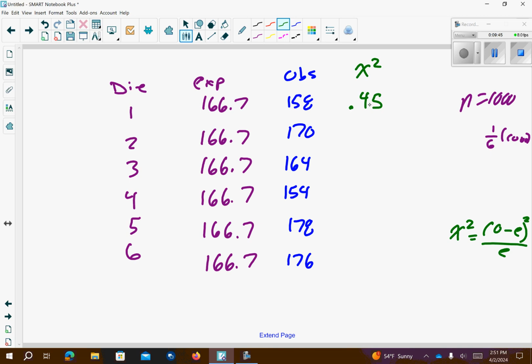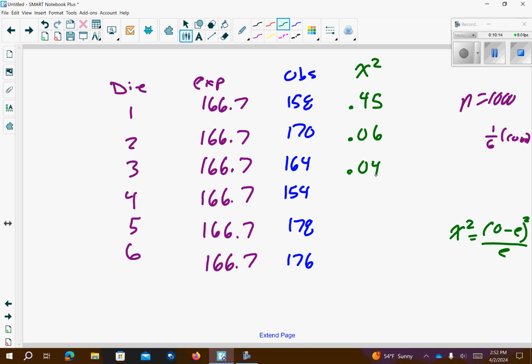Gives me 10.9 divided by my expected of 166.7. So that's going to give me 0.06. And then for rolling a 3, it's going to be 164 minus 166.7. We square that, get 7.29, and divide that by 166.7. So this is going to give me 0.04.